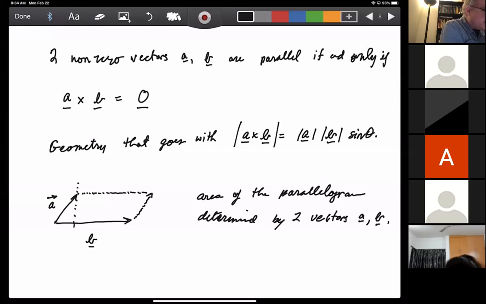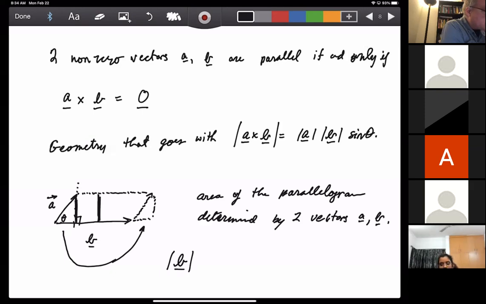We can actually think about cutting off and then moving that piece over to get a rectangle. And it's clear in that case that the area is just the length of this vector B times whatever this distance is from the top to the bottom of the parallelogram. But let's think about that.